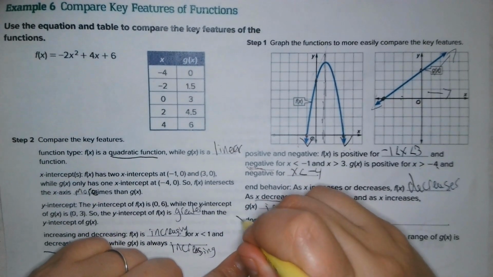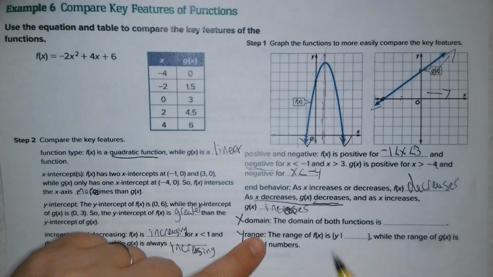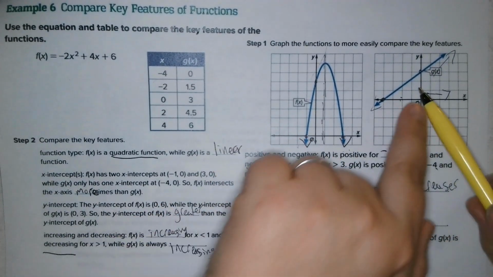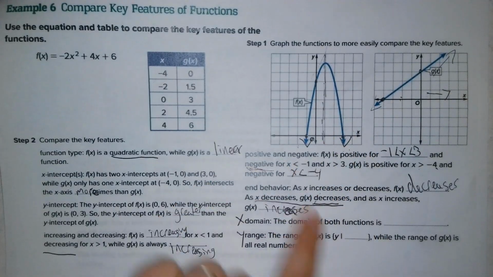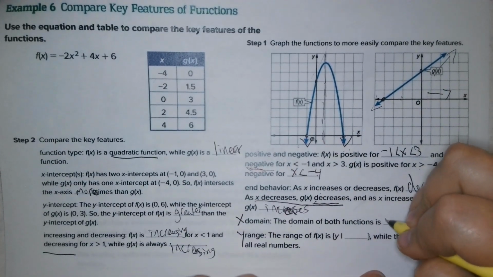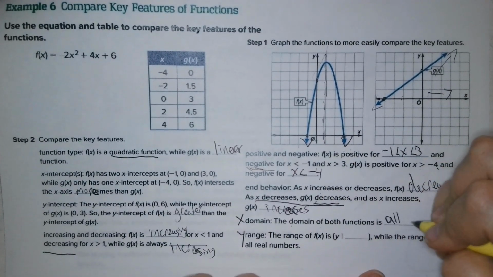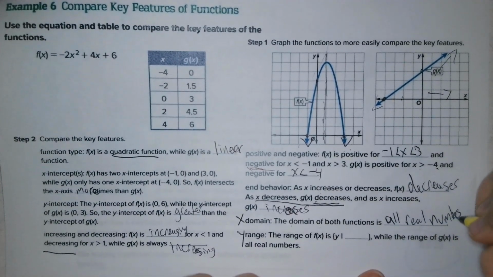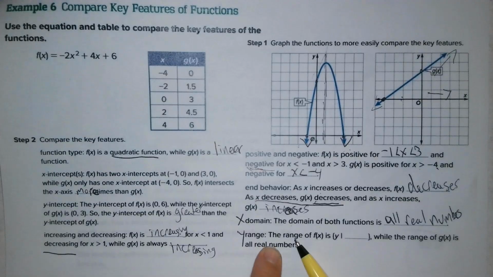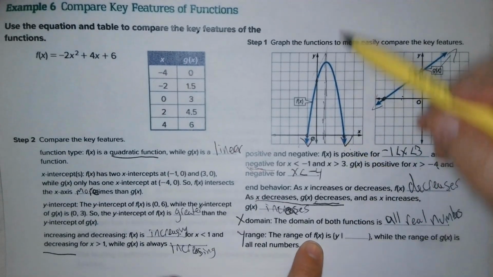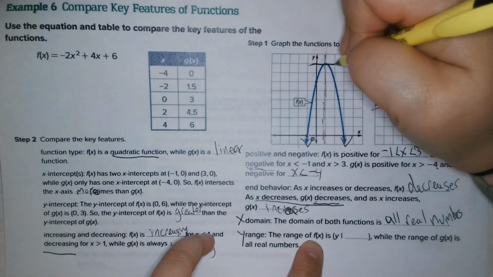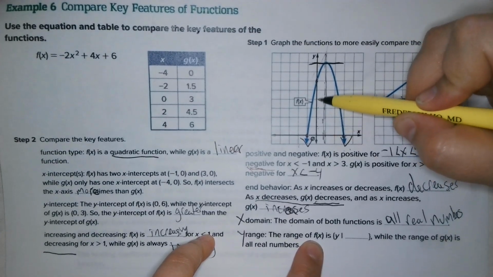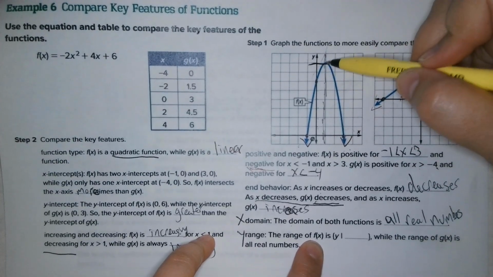Domain, remember domain is my x value, range is my y value. The domain, so x, it keeps going and going. So the domain of both of them is all real numbers. The range is my y value. For f of x, I've got a top hat right here, right? It doesn't ever go past that. So what number is that? 1, 2, 3, 4, 5, 6, 7, 8.